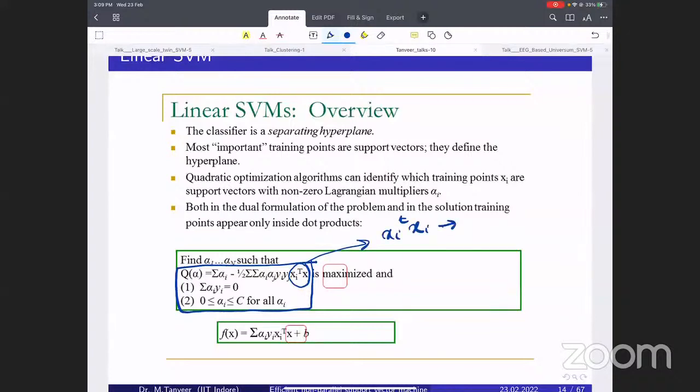This is nothing but a number. I hope you know the concept of dot product in vectors.